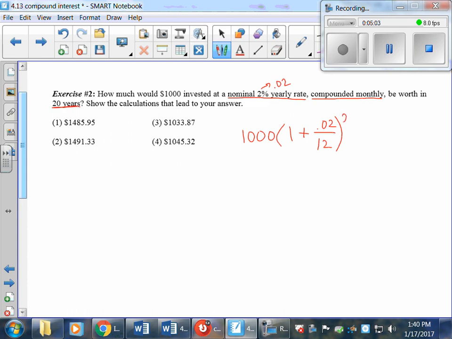So that's going to be 20 times 12. All right, so you put this whole thing into your calculator and you get 1491.328. And this is a multiple choice question, so very easily we can see that number 2 is our correct answer.